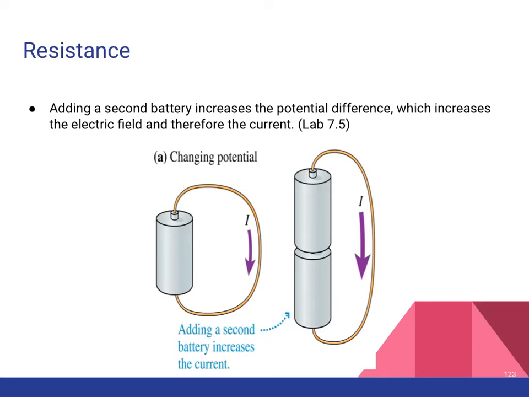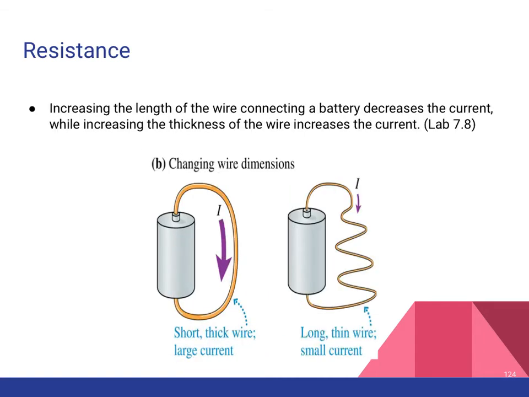If I have one battery versus two batteries, I will have more current. So adding a second battery increases the current. And this should make sense, right? More and more voltage is going to be more and more powerful. We need 120 volts in our house to run stuff. We only need 3 volts in our remote to make our remote control work.